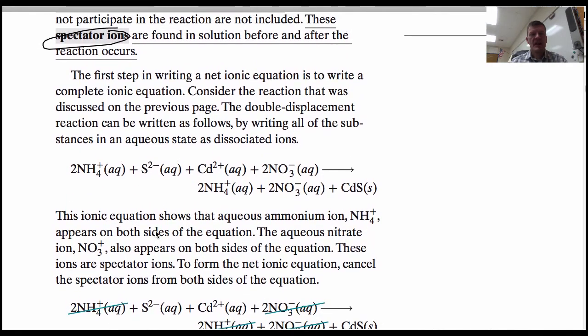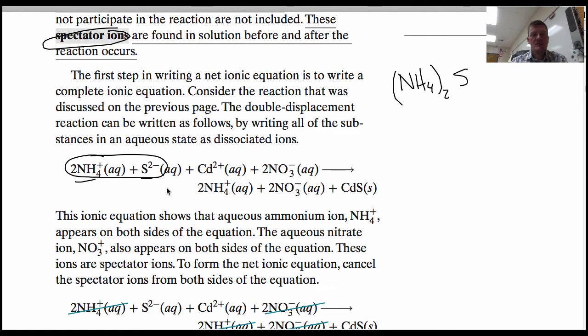Alright, here we have, this is the same equation from our previous example. Remember, in one solution we had ammonium sulfide. That was in one solution. We took the solid ammonium sulfide and we put that into water, and that broke apart into these two ions right there.